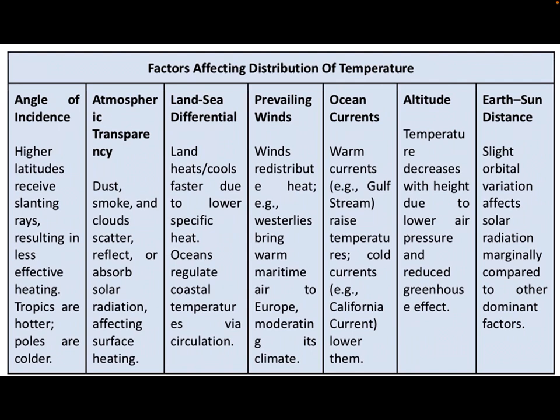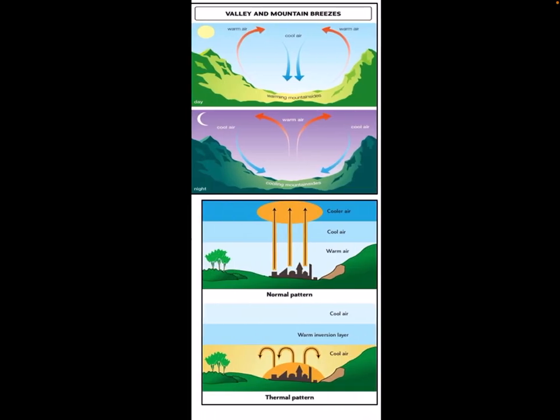But at the apogee position, it will give lower temperature at the Earth's atmosphere. And also the ocean current is one of the factors in the distribution of temperature. The warm current will result in a rise of temperature, and the cold current will lower the temperature.